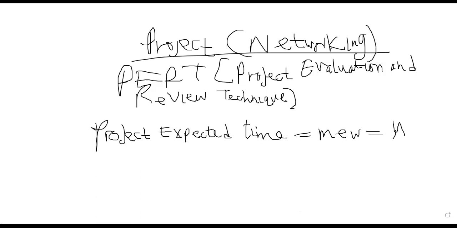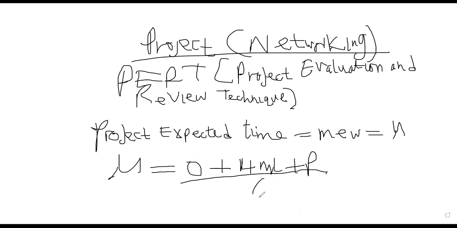So as we get down to the mu, it's actually going to be equal to O plus 4ML plus P over 6.